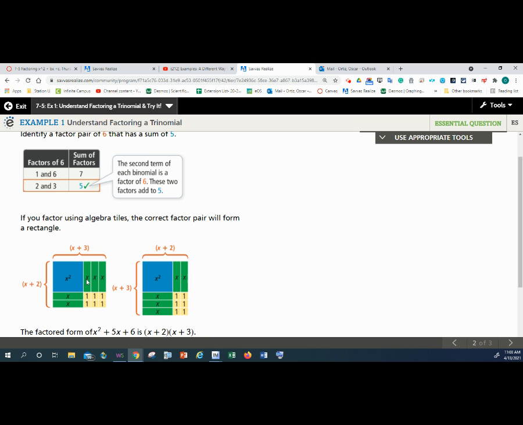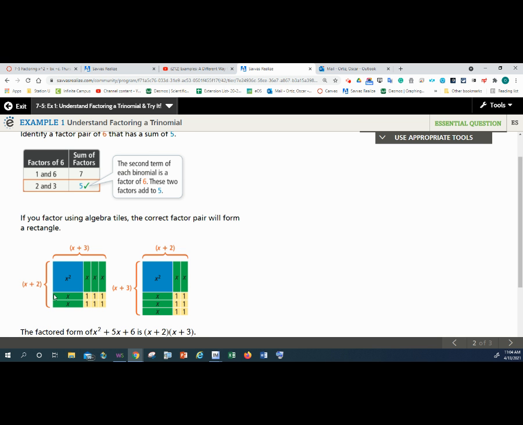Notice x squared, and there is 5x, and there are 6 units, and we can group those tiles in a rectangle in which the length of the rectangle is x plus 3, and the width of the rectangle is x plus 2.